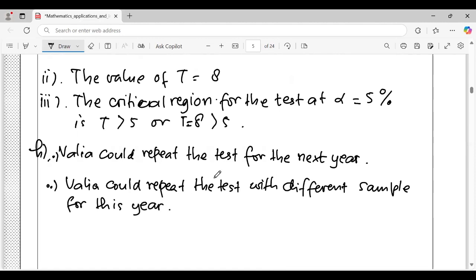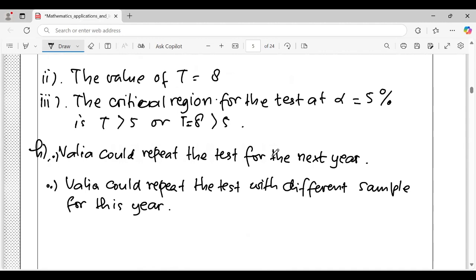If Valia would like to repeat the test with the same sample, she has to repeat the test on the next year. If Valia repeats the test with a different sample, she can do the test on this year.